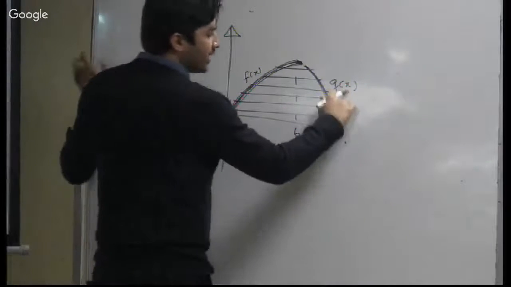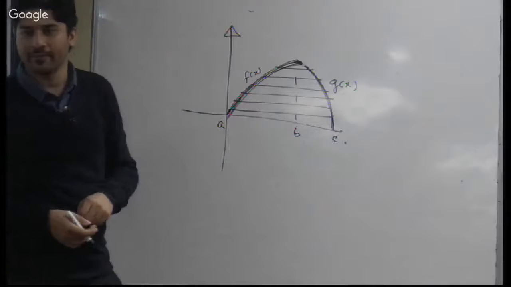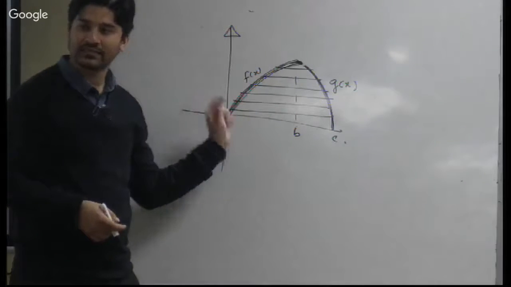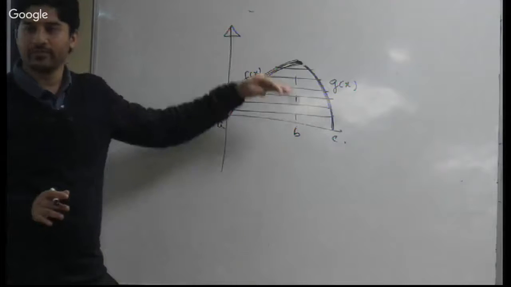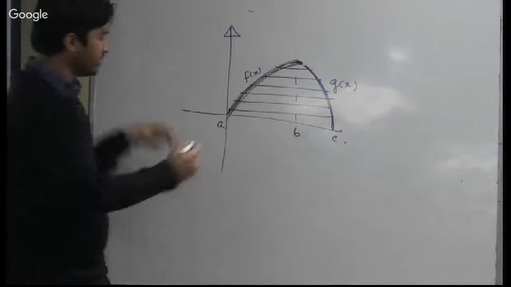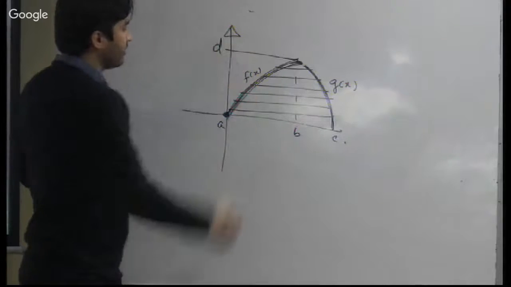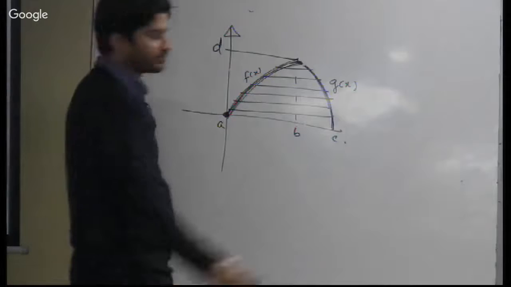I'll put x in terms of y, and here also x in terms of y, and then this minus this dy. Getting the idea? Things will be very fine. I just have to find what is y here and what is y here.